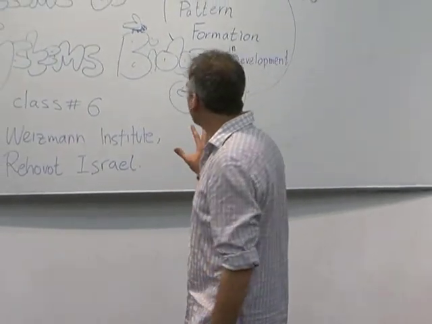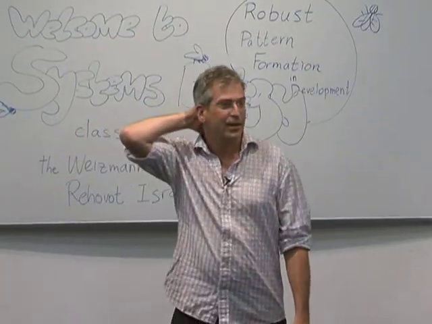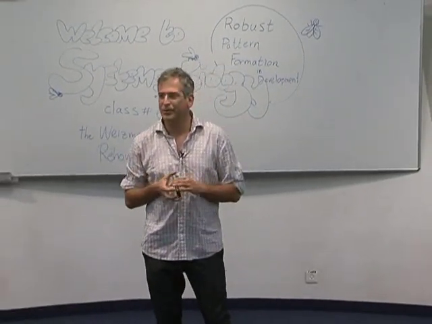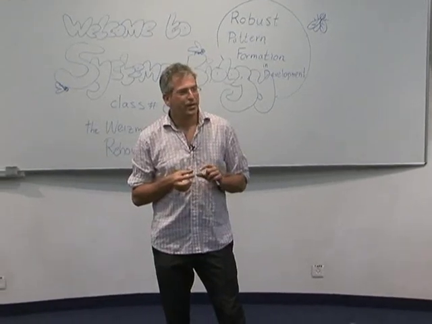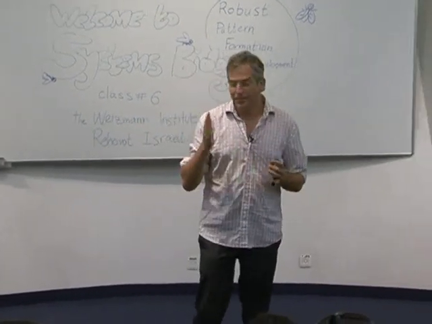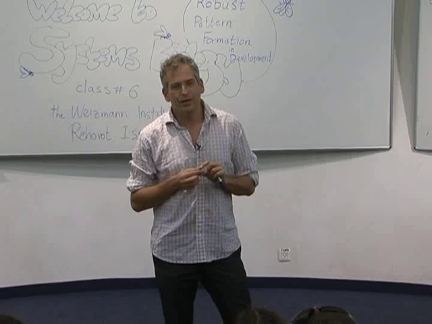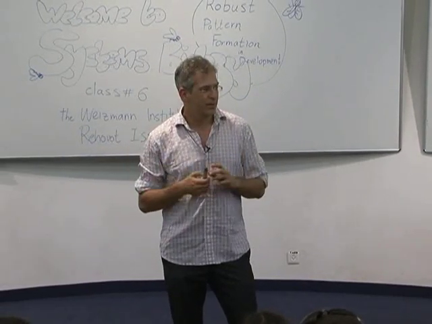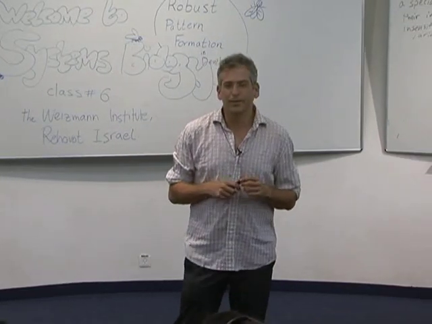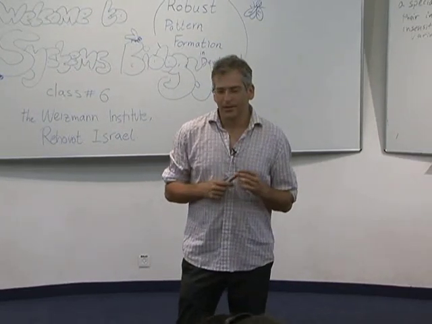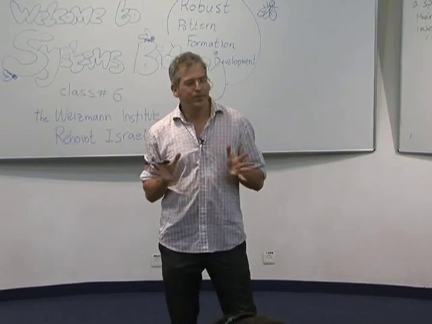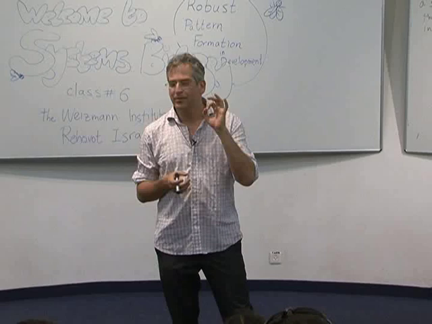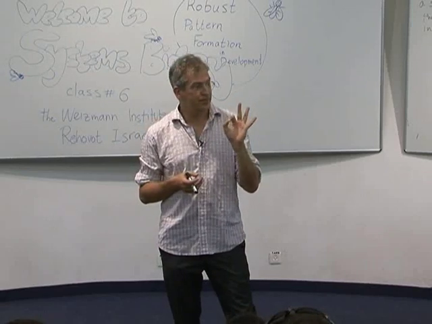And today we'll talk about robustness in a different context, and also a very wonderful biological context, which is the miracle, it's really a miracle, even after knowing all the molecules, of how an egg turns into an embryo, into an animal. And this is one of the most amazing things in the world. You start out with a single cell, which is a fertilized egg.